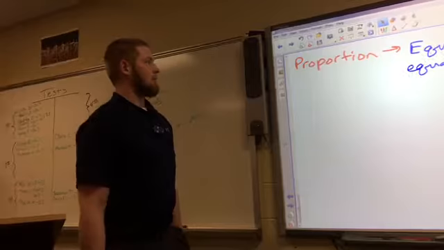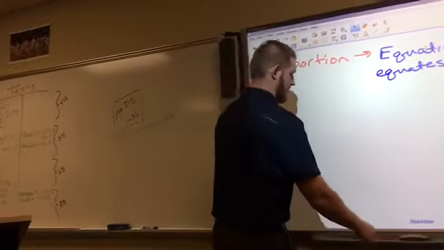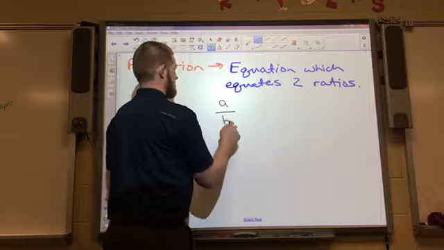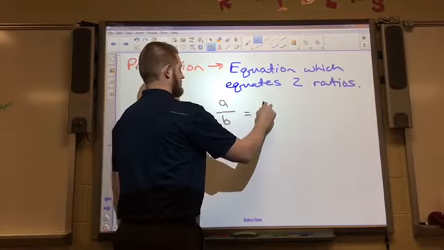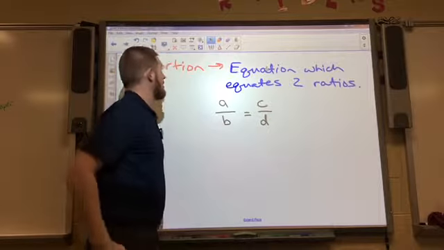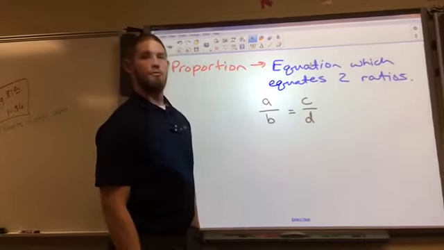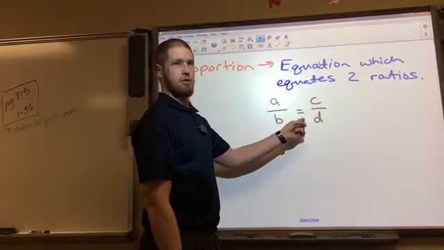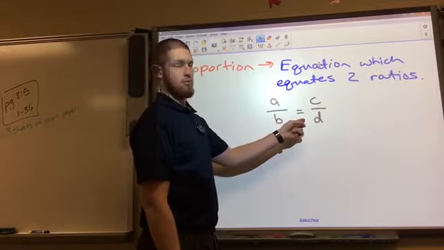Okay? So you might have something that looks like this, and this is just a general example they use in your book. That'd be a proportion, right? Okay, I have two ratios equal to each other. That's a proportion.